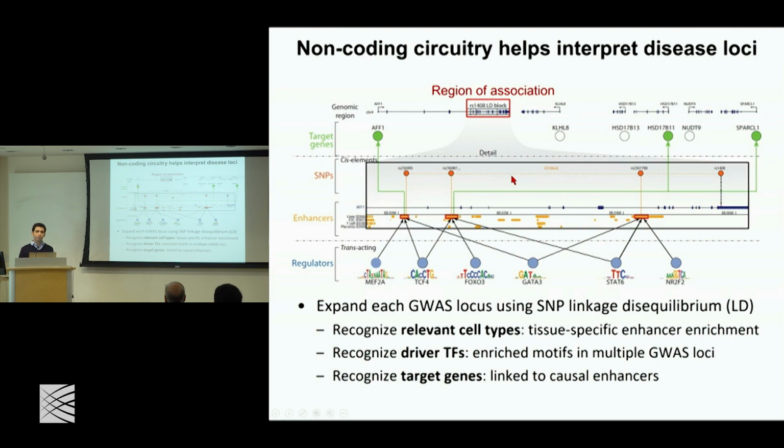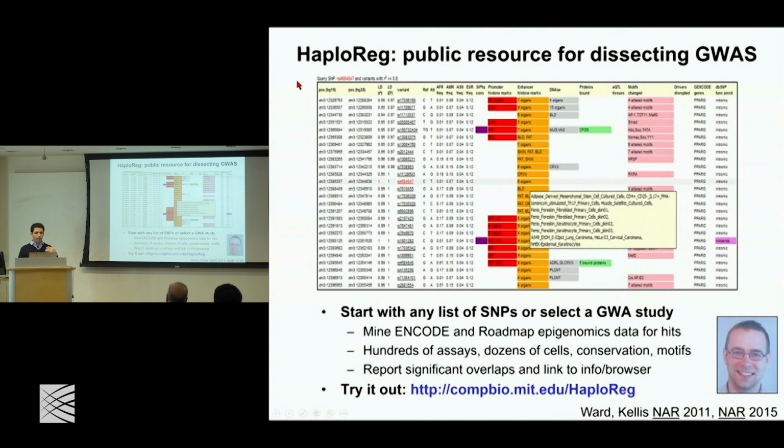So we basically gathered all that information and we've put it together in this database called HaploReg, for haplotype regulation, that basically allows you to look at every genetic variant associated with a particular trait, and then all of the genetic variants that are co-inherited with that genetic variant, and what are the specific tissues and cell types where these variants might be acting, what are the specific motifs that are altered by these SNPs, by these single nucleotide polymorphisms, what are the proteins that are bound there, what are the accessible regions, the promoter regions, are these regions evolutionarily conserved, and also what are the target genes.